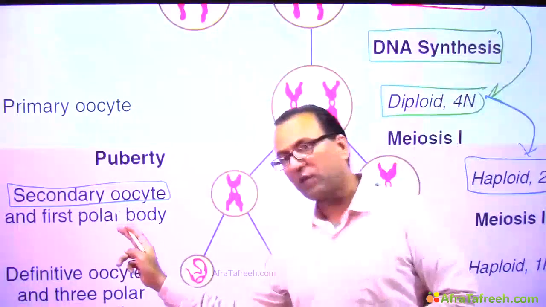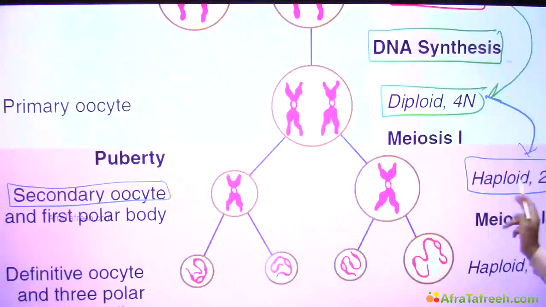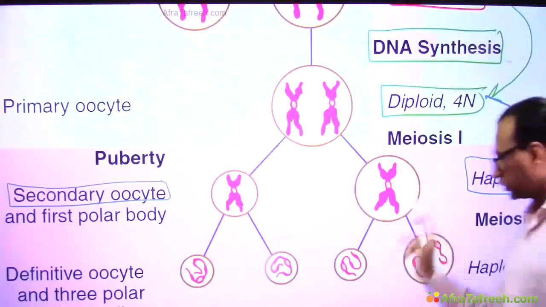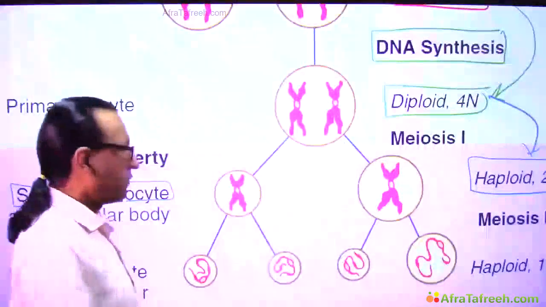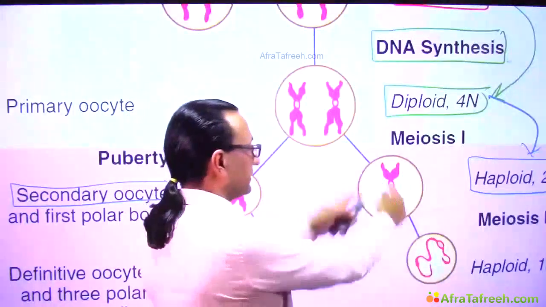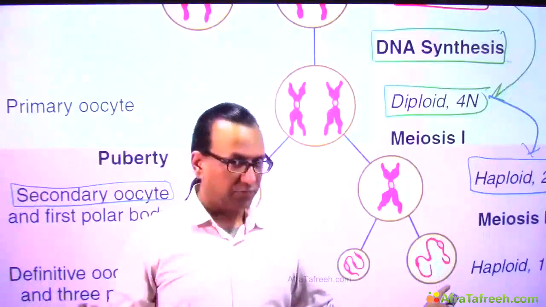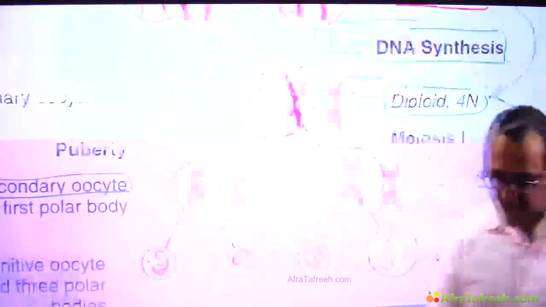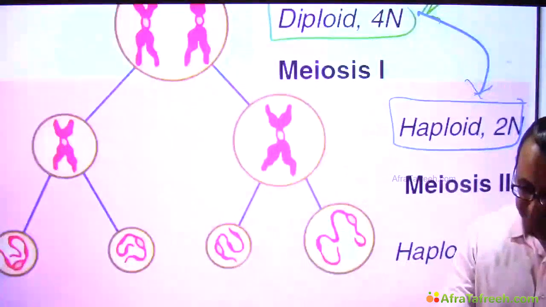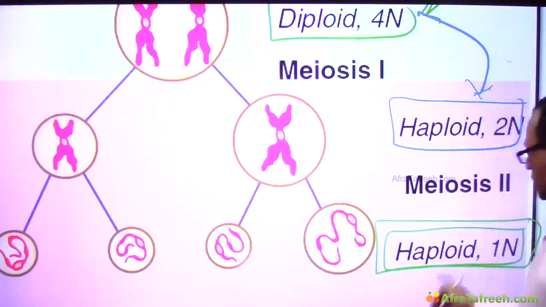Those secondary oocytes are obviously haploid but with 2 units of DNA, and that is now undergoing meiosis 2. As it is undergoing meiosis 2, you will notice sister chromatids are separating, and ultimately the gamete which we are talking about is haploid, of course, but with 1 unit of DNA. So finally what you get is a gamete which has haploid status but 1 unit of DNA.